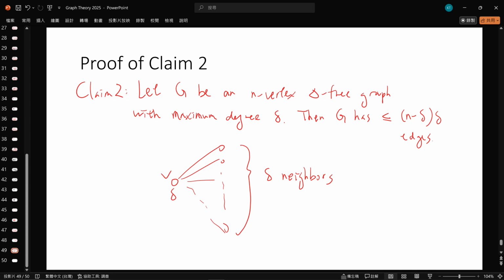Okay, so let's call this maximum degree vertex V. So V has the most neighbors in this graph. And let's call this set of neighbors n of V. All right, so this is pretty much all the assumption we have.